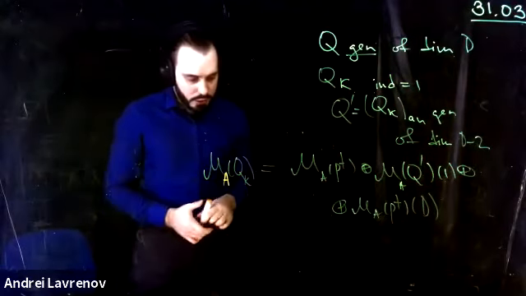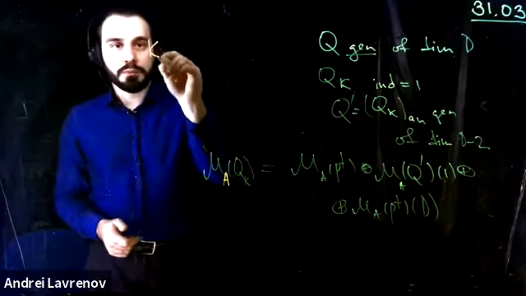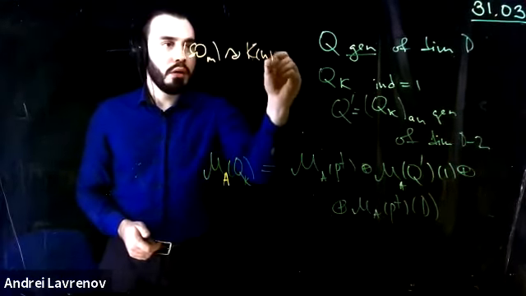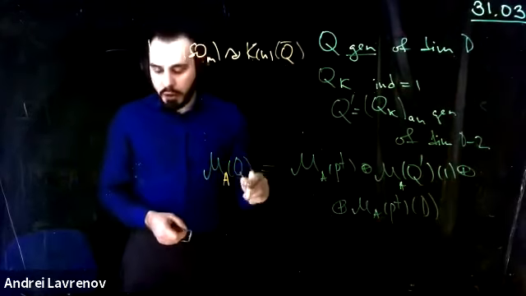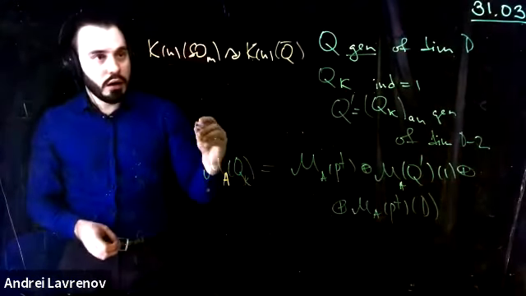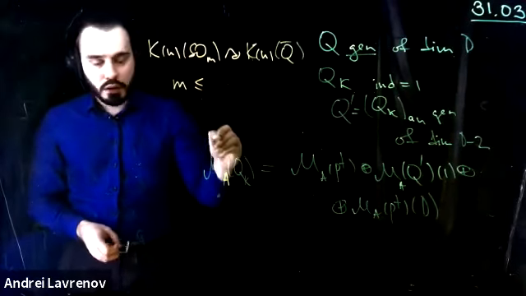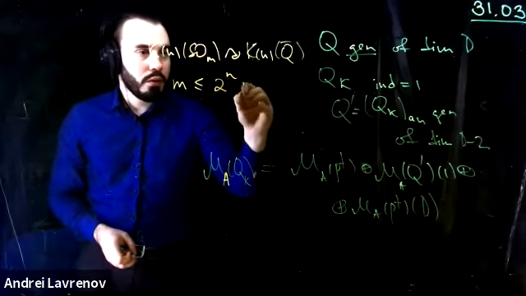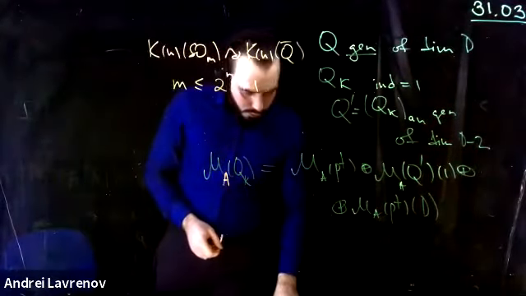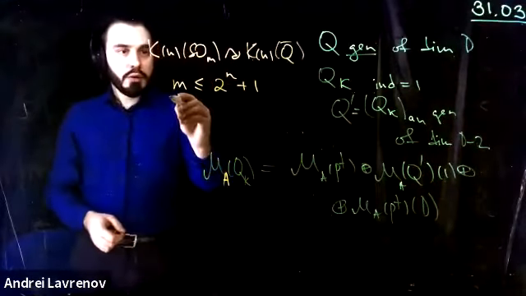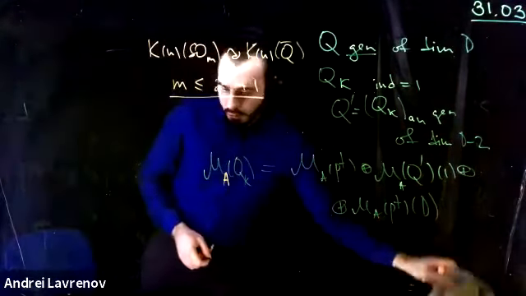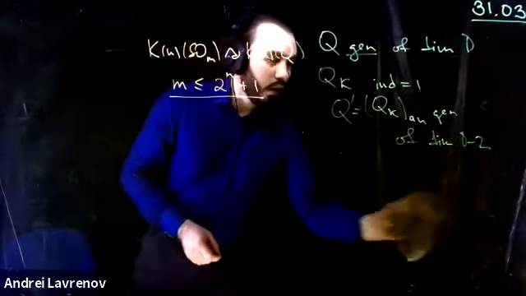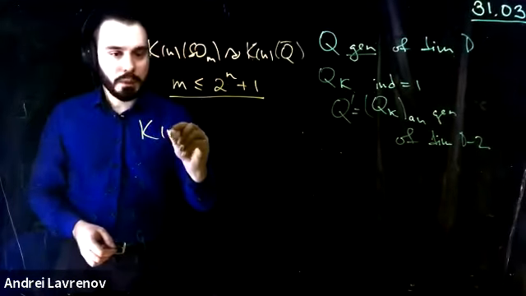So in this computation of the coaction, we only need to consider the cases when m is less or equal to 2n plus 1, I guess. And up to this range, we can just, in fact, compute this thing.